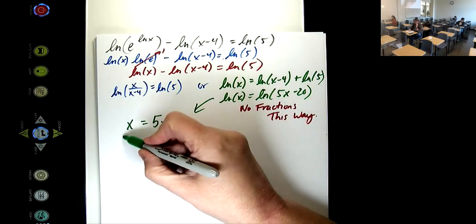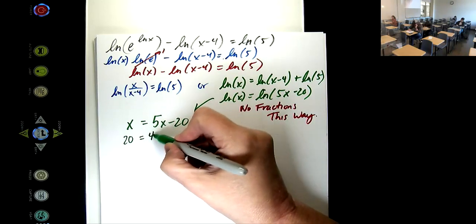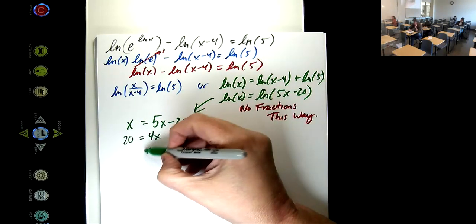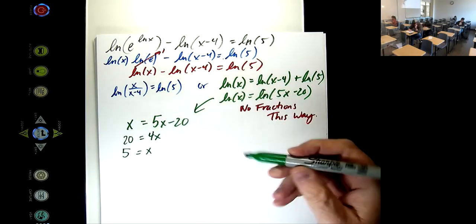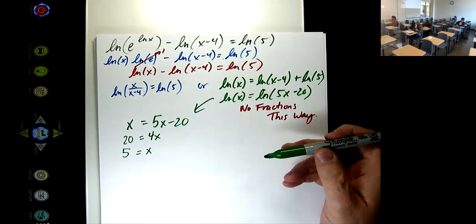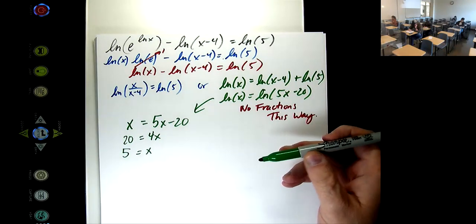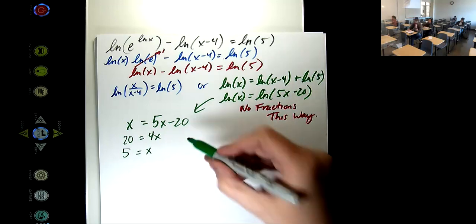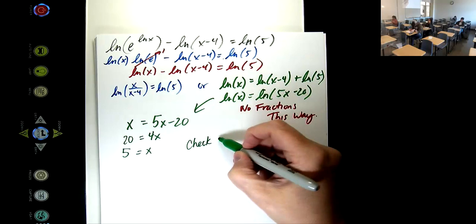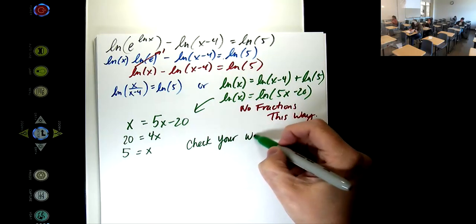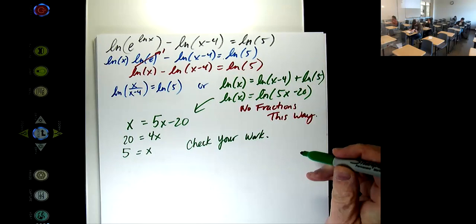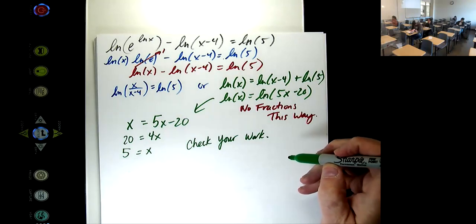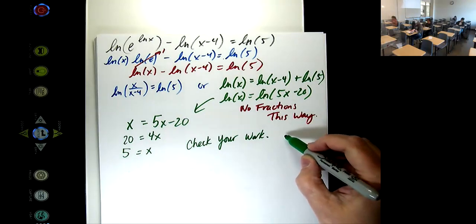So if I solve this, I get 20 equals 4x, x equals 5. You should check your work on this, but it should work.